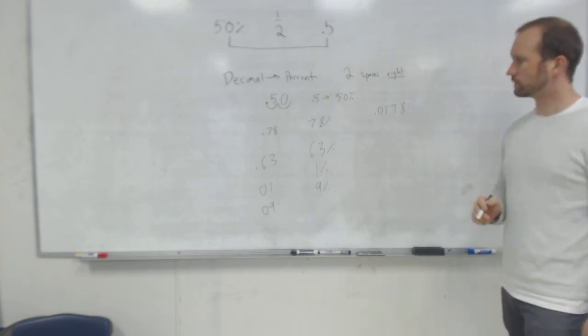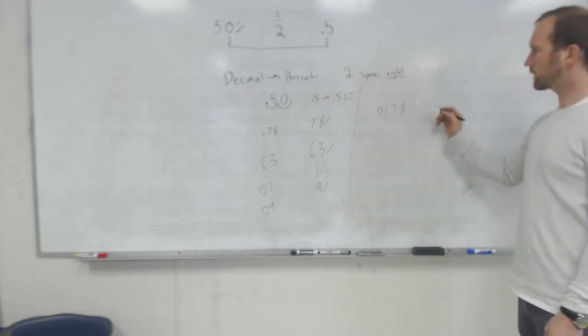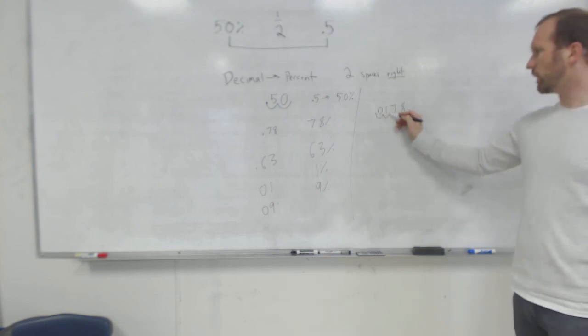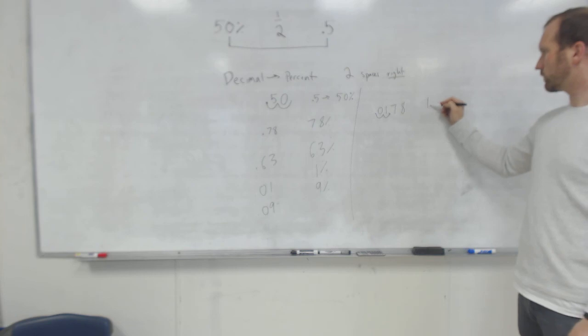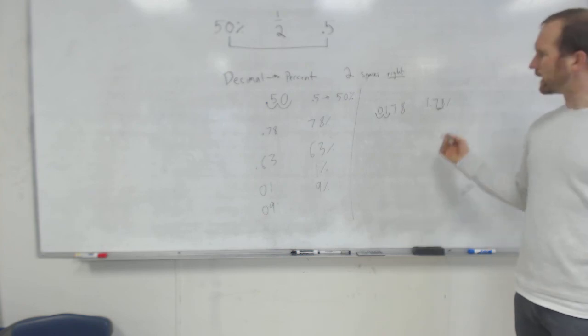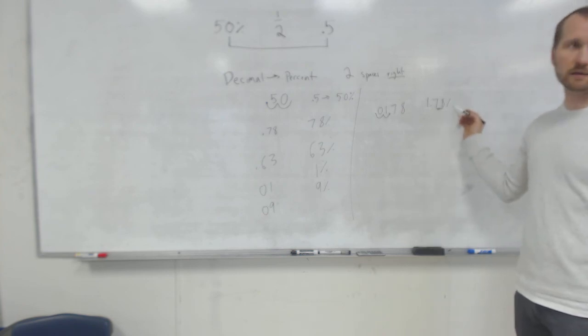How about the decimal 0.0178? Still 1%. Okay, I'm not going to round it though. Yeah, 1%. But it's 1.78%. Right? I still have this other part of it. So it's okay to have decimals in a percent.